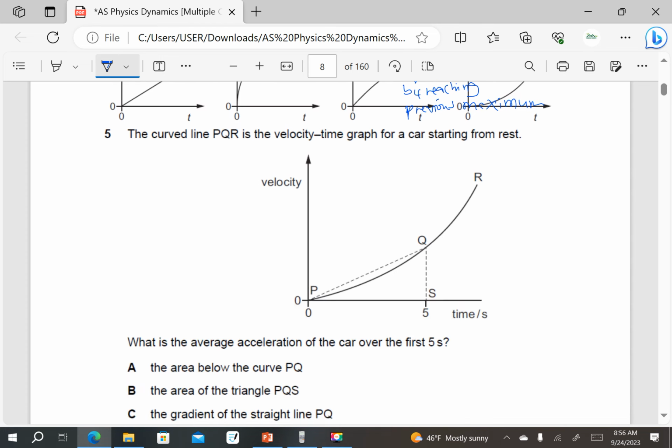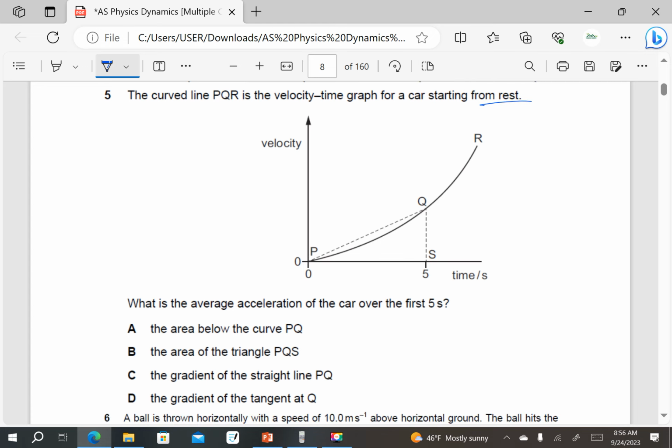The curved line PQR is the velocity-time graph for a car starting from rest. What is the average acceleration of the car over the first 5 seconds? Remember, average acceleration is actually the gradient.